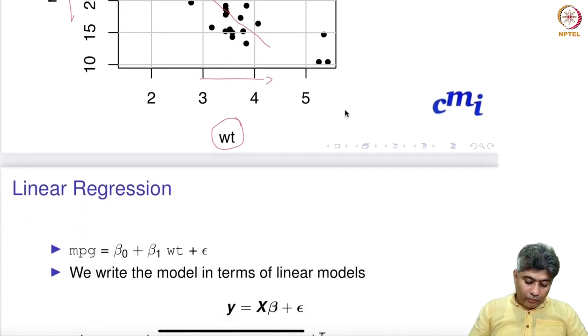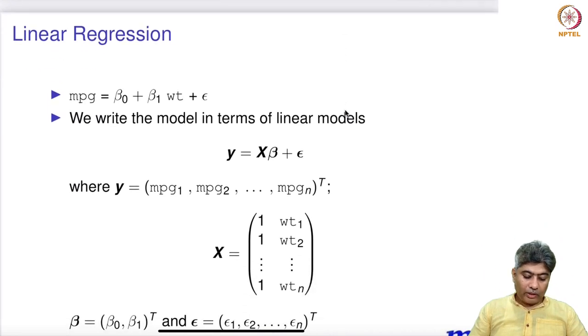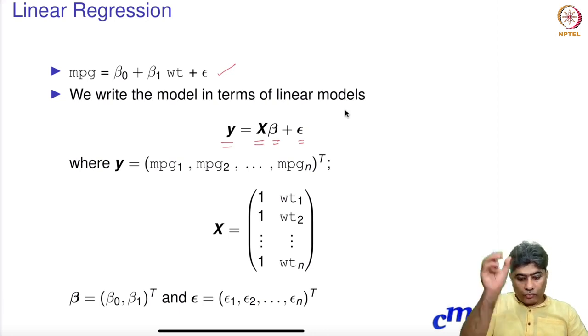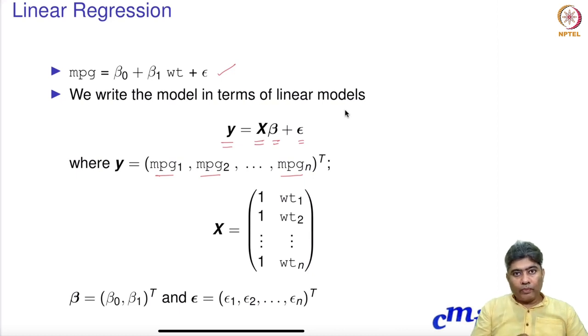Now this model, as we have seen in the previous lectures, can be defined using the matrix notation y equals X beta plus epsilon, where y is a vector of n dimension: miles per gallon 1, miles per gallon 2, up to miles per gallon n. So we have n samples, and in each sample we have miles per gallon.